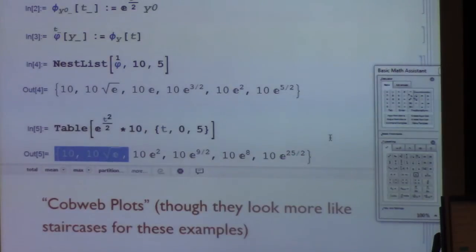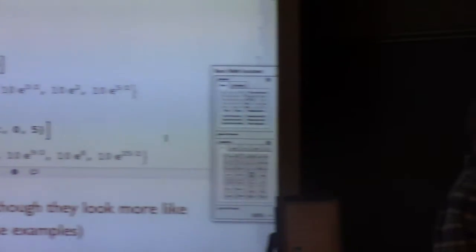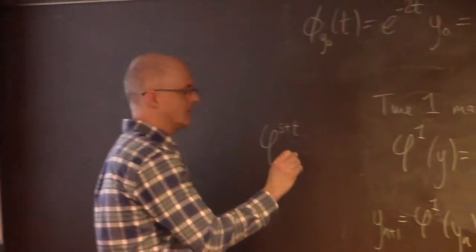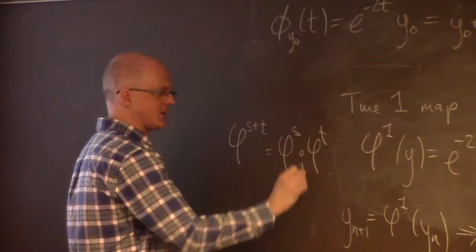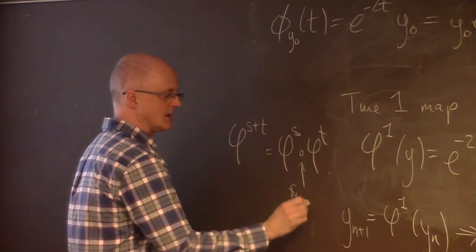And in the reading I called that sometimes the flow property or the group property. And it's related to this equation in the reading, where that circle there is function composition.